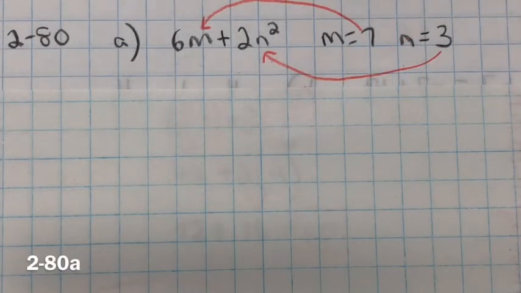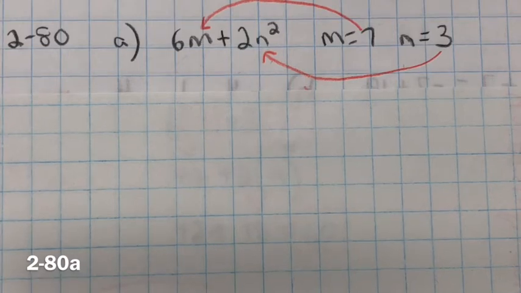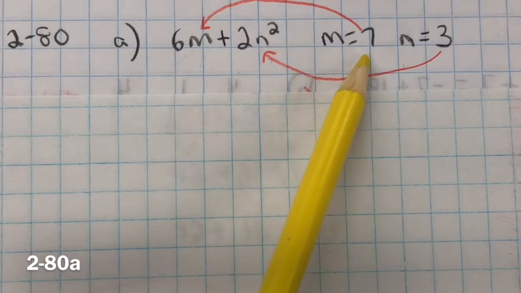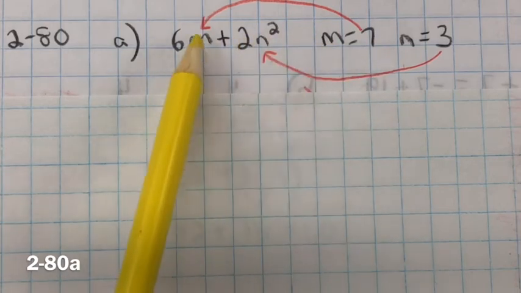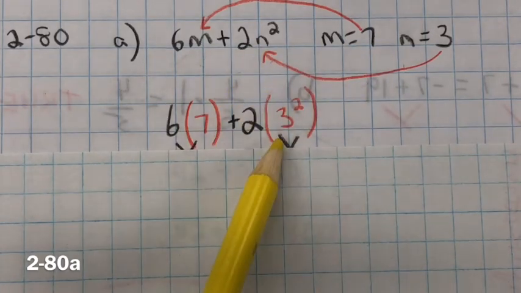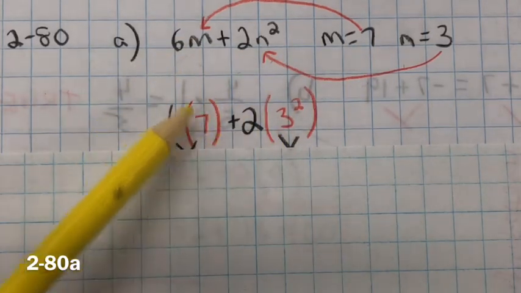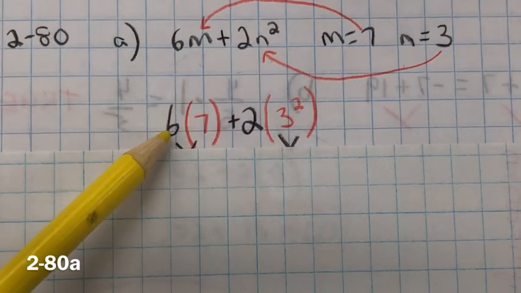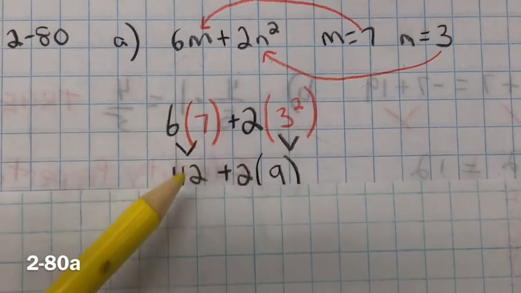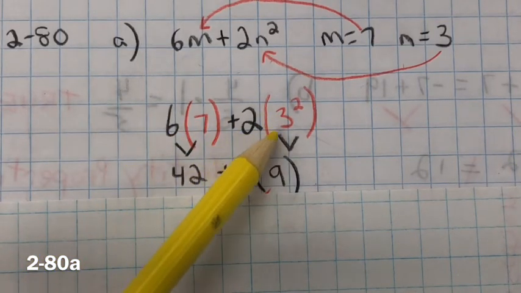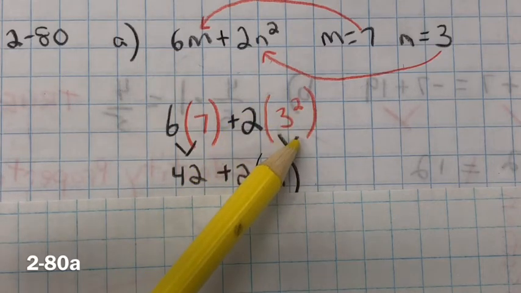For 280, you need to evaluate the expressions for the given values. So here I have m equals 7, so I'm going to substitute m with 7 and n with 3. And I put these in parentheses. So here I have 6 multiplied by 7 is 42. Order of operations, remember, do inside the parentheses first.